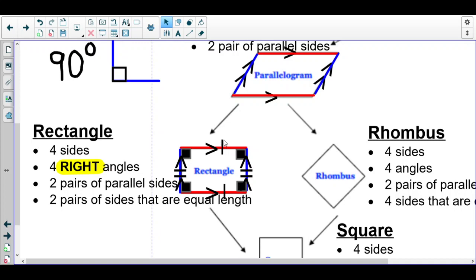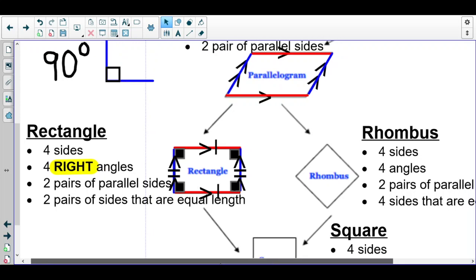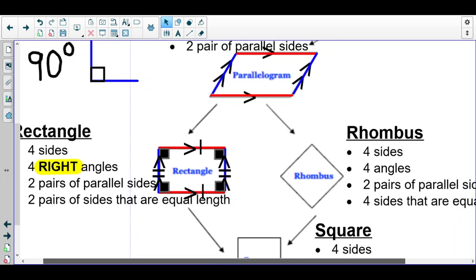So the red sides here are equal length, indicated by one hash mark, and then the other pair of equal sides are the two blue ones here, indicated with two hash lines. So that's what makes that a rectangle.